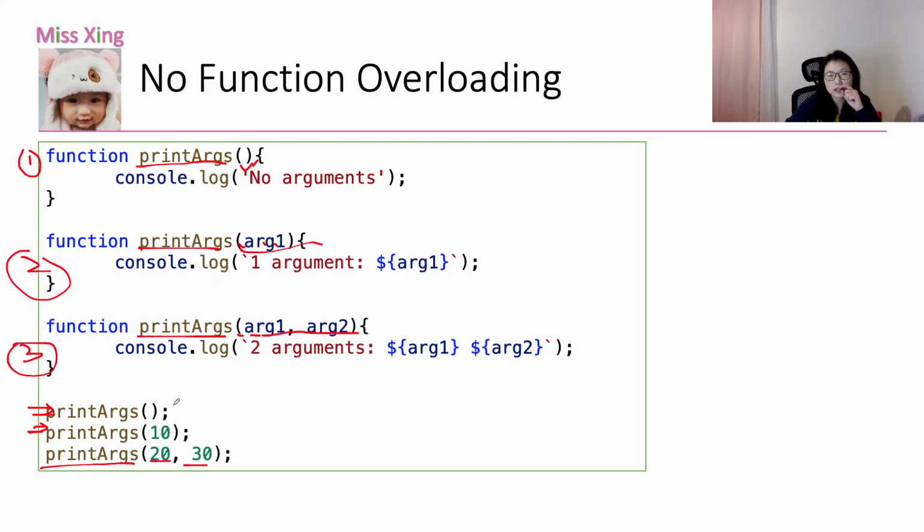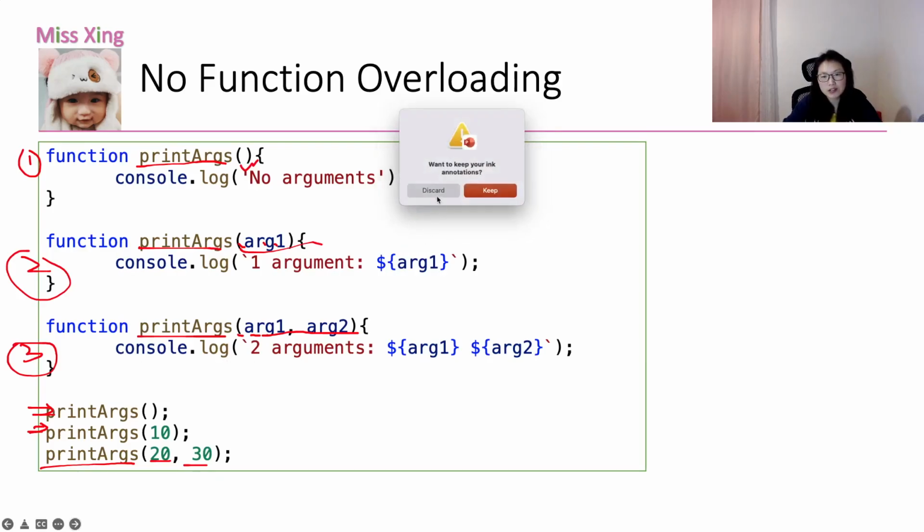But in JavaScript, there's no function overloading. You will only have 1 copy of printArguments, which is the last one. Let me show you the behavior, then we can explain later.